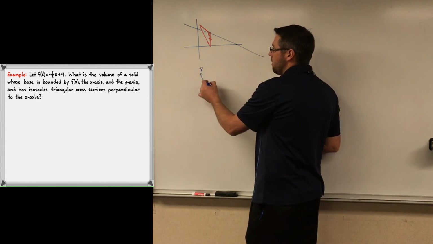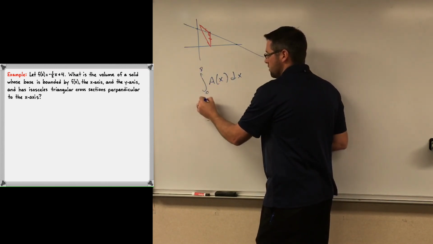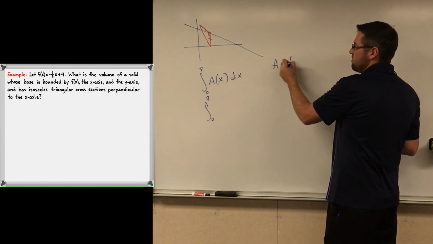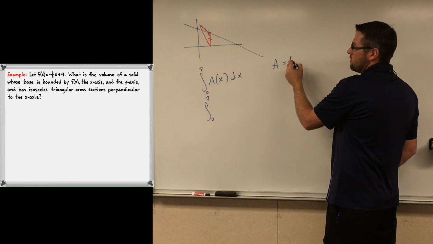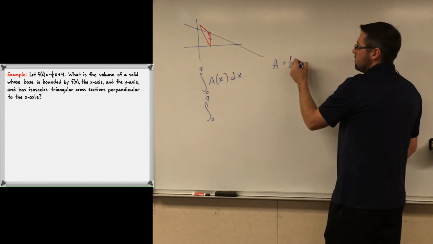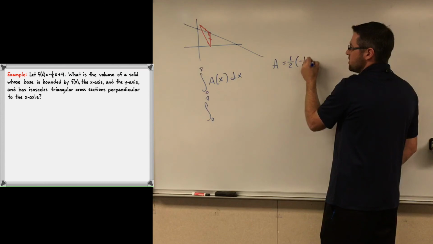Of what? What is your area function? What's the area of that isosceles triangle? Let me write this off to the side. Area is equal to, what's the base? What is this length? It's negative 1/2 x plus 4.